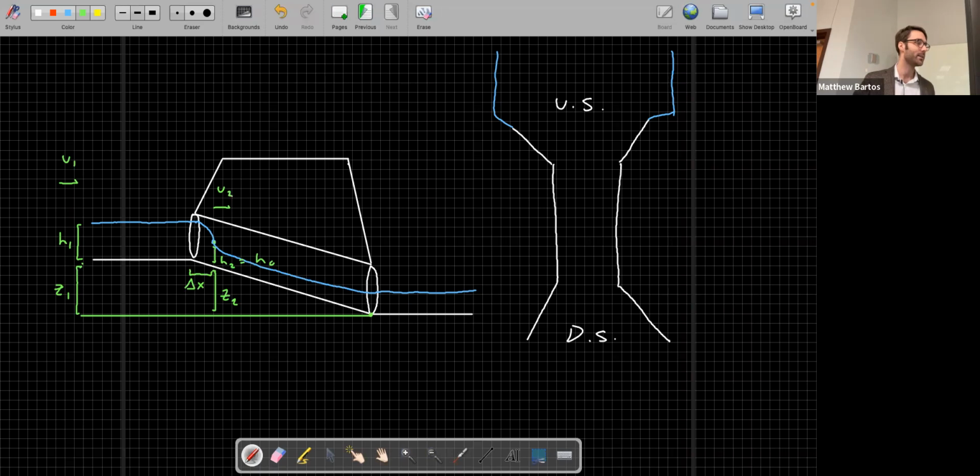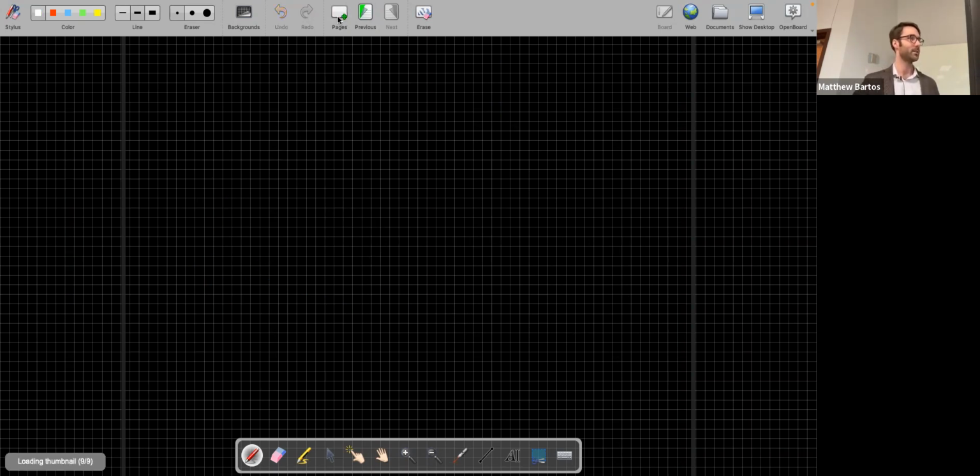So we've got our depth of the water, our bottom elevation, and the velocity. Let's write out the energy equation for this section. I'm going to start a new page here. Help me out with this energy equation. On one side, we have our energy at point 1. So we have H1, the depth, plus, what else do we have?